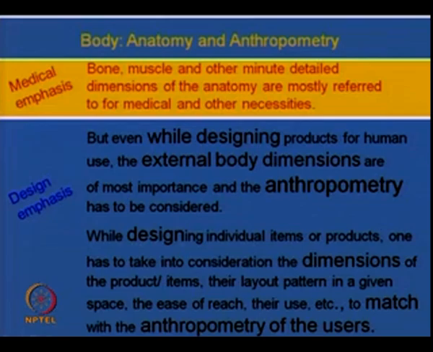While designing individual items or products, one has to take into consideration the dimensions of the product or items, their layout pattern in a given space, the ease of reach, their use, etc., to match with the anthropometry of the users.